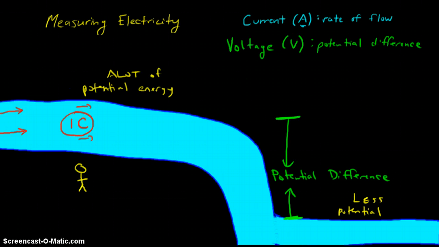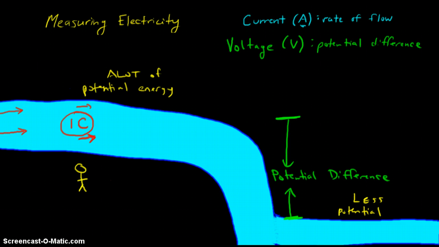And that's current. So how many coulombs are moving by us every second? But every coulomb of electrons is also carrying with it a certain amount of energy, and that potential energy can be less or more. The amount of potential energy that every coulomb carries is precisely the voltage.